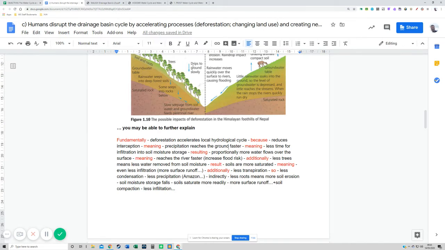So if you pour the water really slowly over quite a long period of time, all of the water might infiltrate into the soil. But if you go faster, some of that water will pour over the top of the soil. So this is what this point's getting at: if you've got less time for infiltration to happen because you've got less interception, proportionally more of the water will flow over the surface.